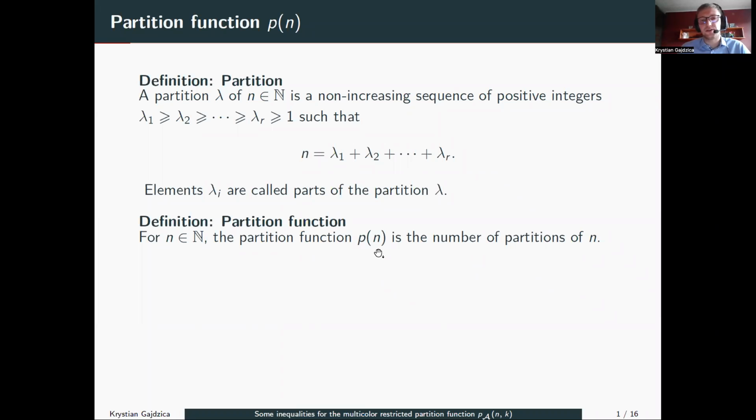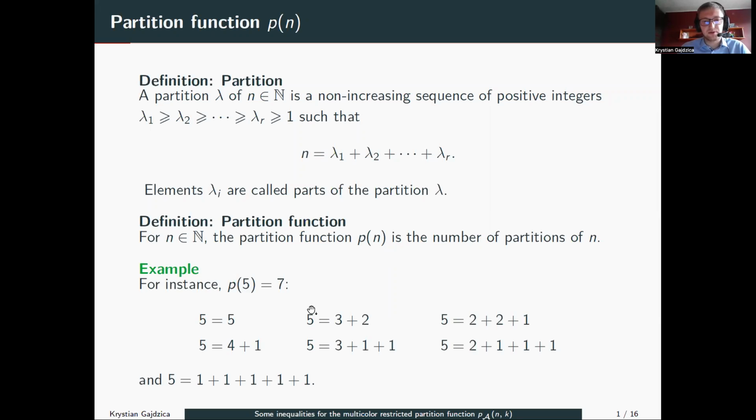It is also worth mentioning that p of 0 equals 1 because there is only one partition, namely the empty sequence. So, for example, we have 7 partitions of 5 because we have the following possibilities to represent 5 as sums of positive integers.